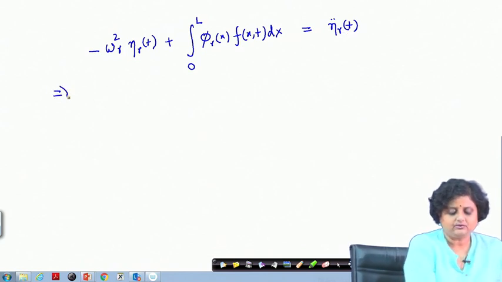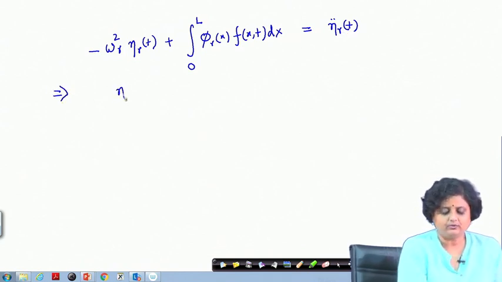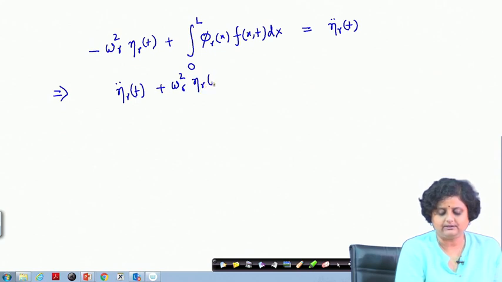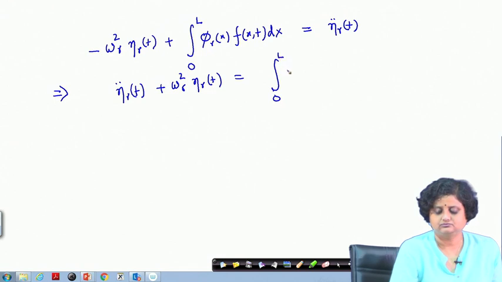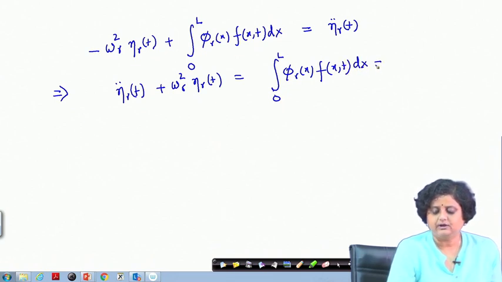If I rearrange this equation, I am going to get eta r double dot t plus omega r square eta r t is equal to the integral on the right hand side.